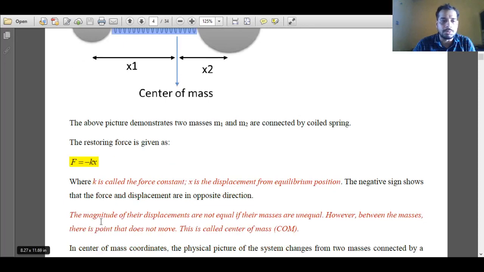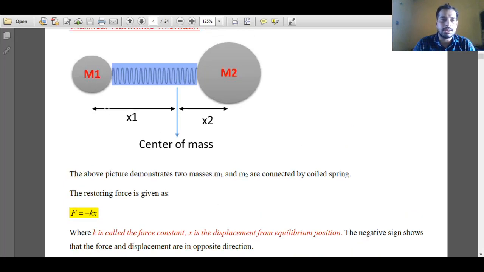One more important point to note is that the magnitudes of the displacements are not equal if the masses are unequal. Here there are two bodies, m1 and m2, and their masses are unequal, so the displacements will also be unequal.